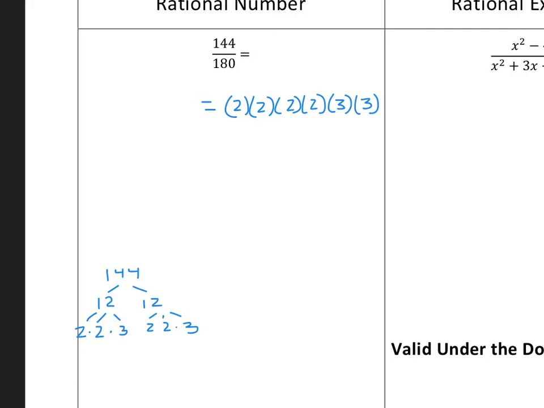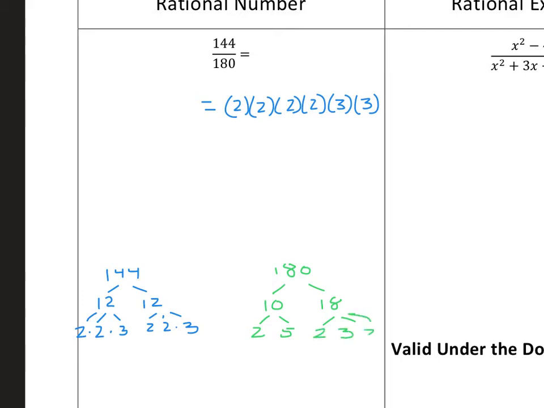Now I'm going to break down 180. I think I'll change colors here. So 180, I think 10 times 18. And 10 is 2 times 5. And 18 is 3 times 6. I'm going to write the 6 as 2 times 3.